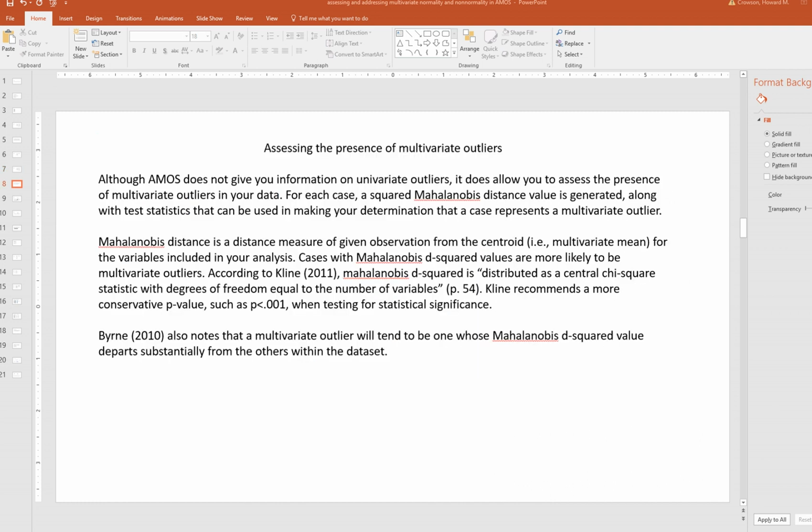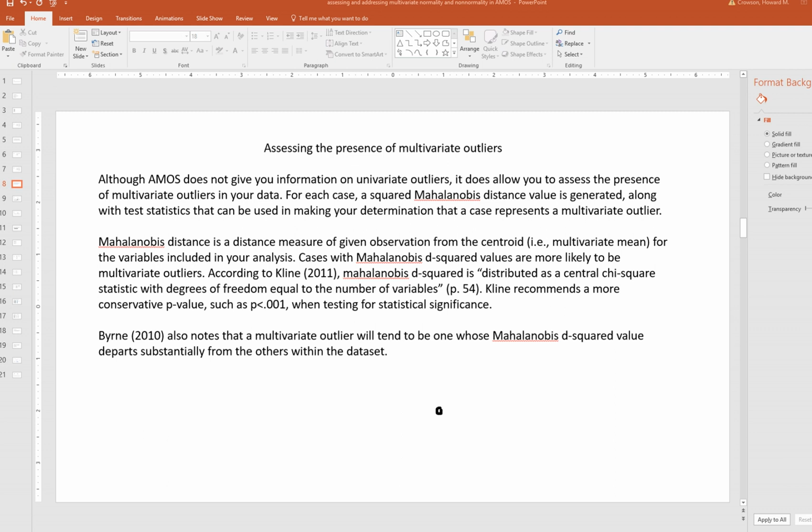Okay, so we can also assess the presence of multivariate outliers. Really what we're talking about is that if we were to plot our variables into multi-dimensional space based on the number of variables that we have, you can imagine that there would be an intersection of the means of all of those variables. And that is basically referred to as a centroid. And so what we're looking at is the deviation.